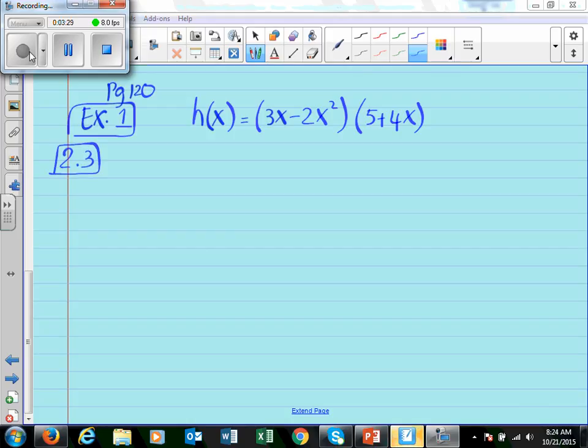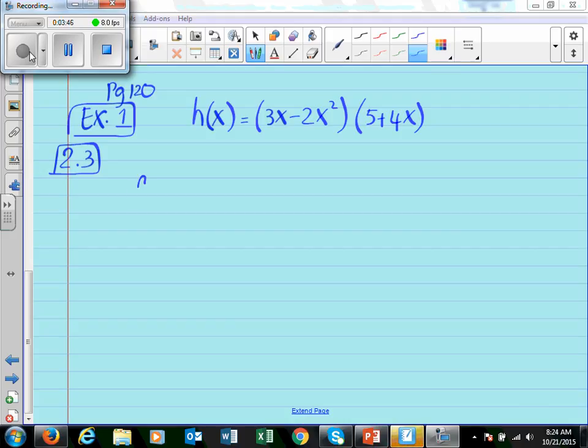Now, do you see that this is a product of two algebraic functions? According to the rule, it doesn't matter which one you pick as f and g, but we usually go, step one, pick f and g.